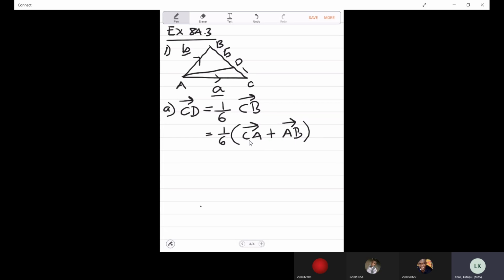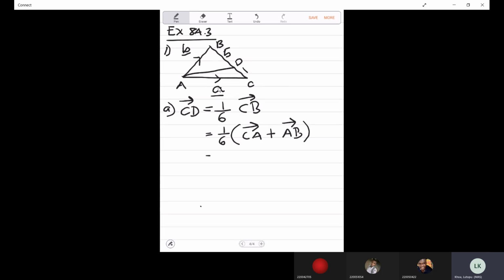Okay, now these vectors here, CA and AB, are written in terms of a and b, so I now substitute. If I look at my diagram, the vector from A to C is this small a. That means the vector from C to A is negative because it is in the opposite direction. The vector from A to C is going to my right, and the vector from C to A is going to the left, so that is why CA will be negative a.